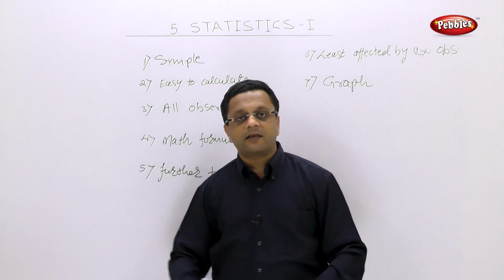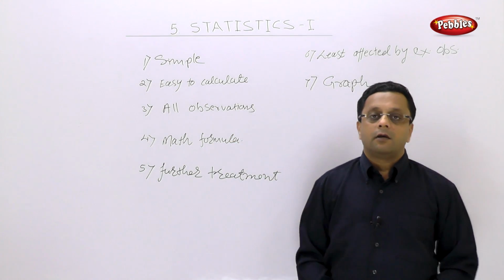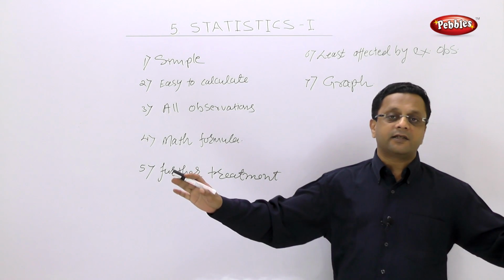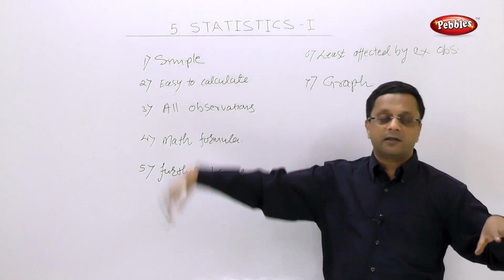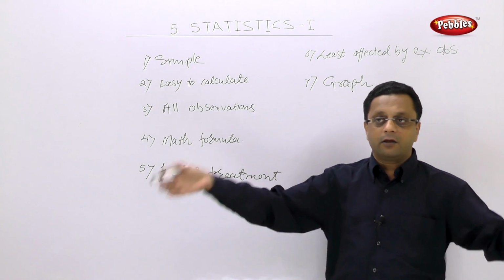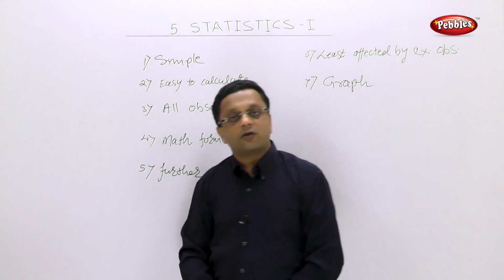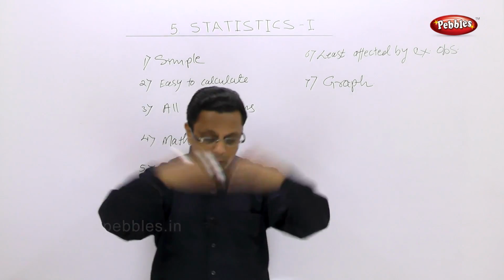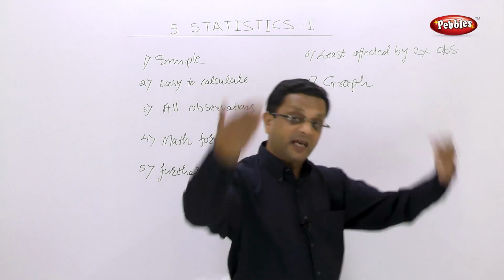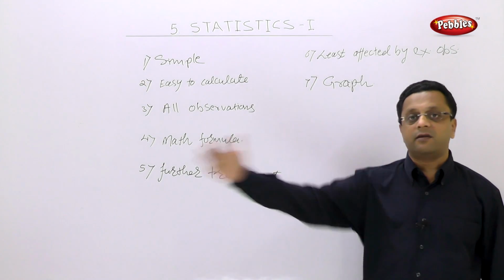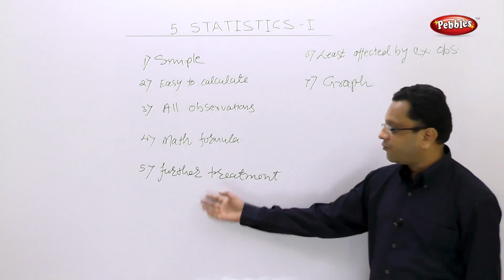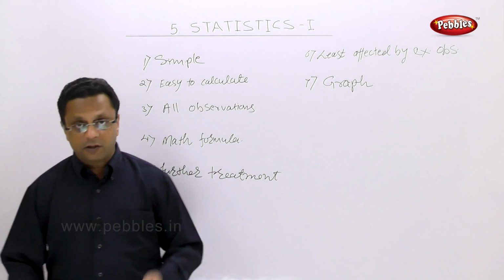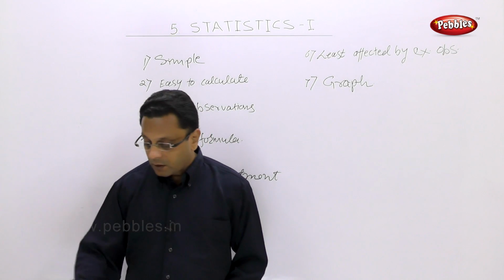If 2 data sets are given, again the mean of means can be found out. If I got 10 data sets, I got the 10 x bars, I can again find the combination of x bar. म्हणजे त्या 10 x बारचा पुन्हा आपण मीन काढू शकतो. We can again find out the mean of those 10 means. So the further treatment is possible, but what are the demerits?